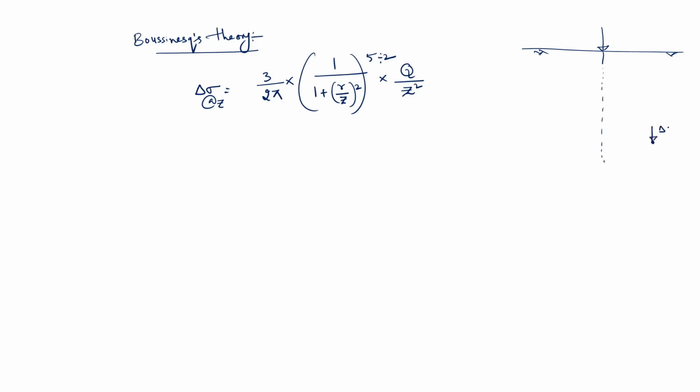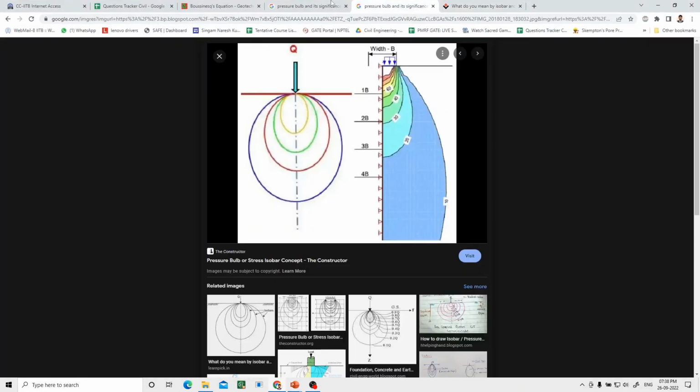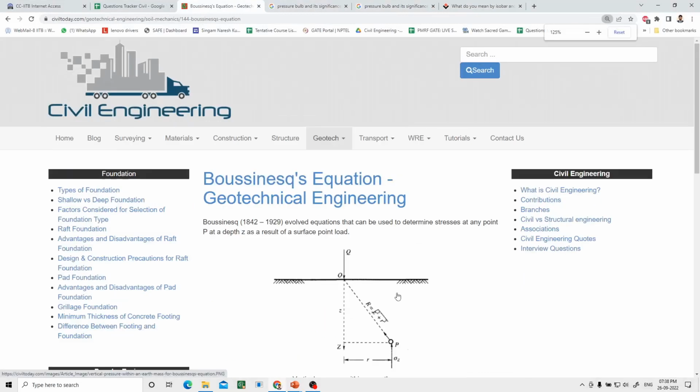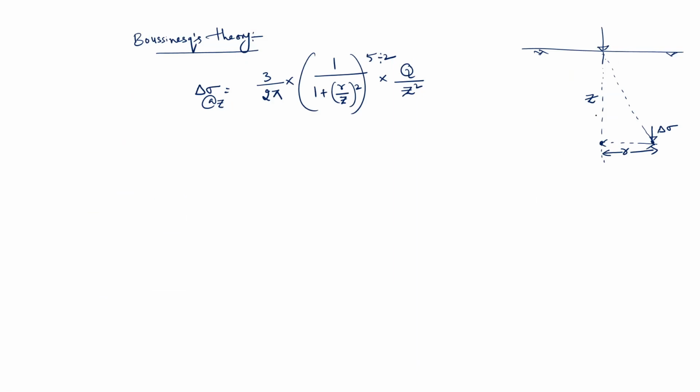This one is z, the vertical distance, and this one is r, the horizontal distance from the line of action of load.